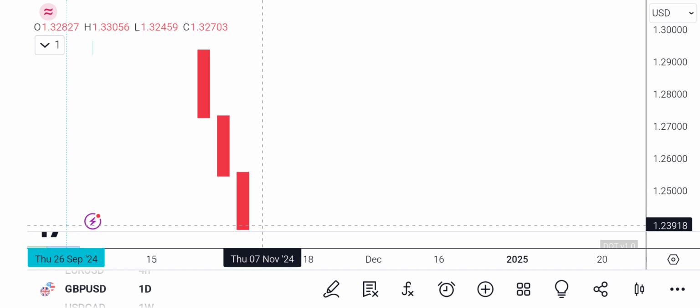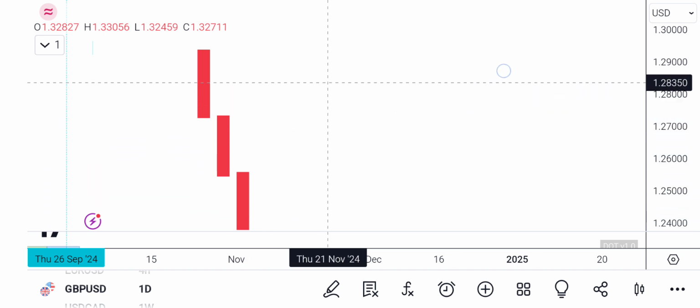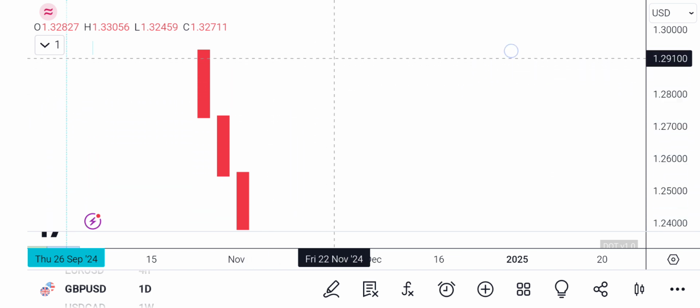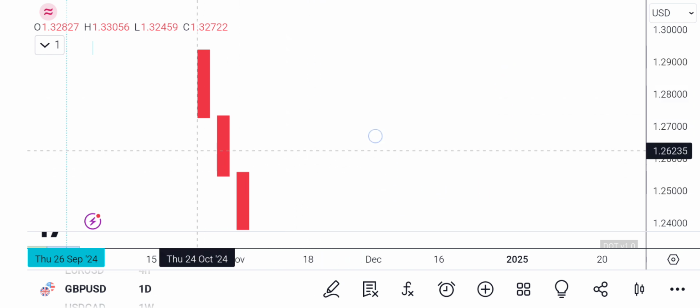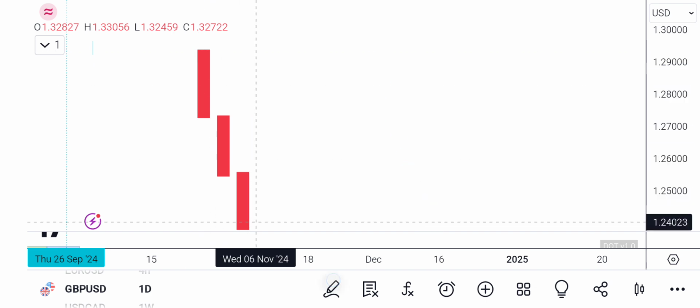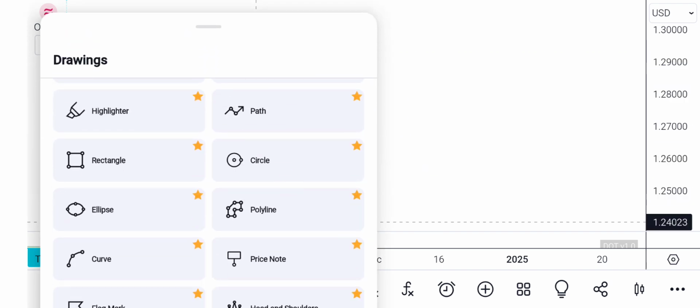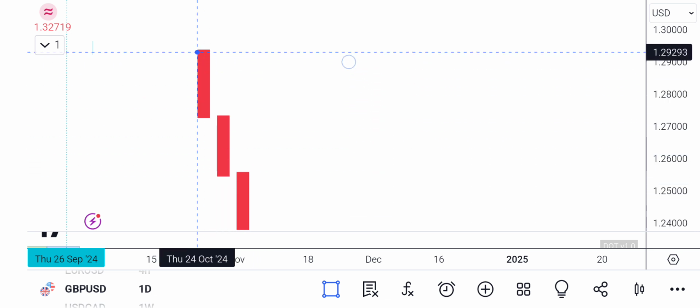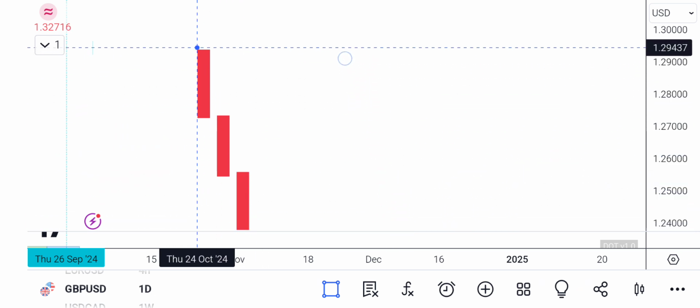If only one-sided price delivery has been offered, IPDA, the interbank price delivery algorithm, is going to offer the opposing liquidity to be able to balance the one-sided price delivery that has been offered in the market. Hopefully you understand this. Now, in future, you are going to see it offer what? Buy-side price delivery to be able to balance with this sell-side price delivery that has occurred in the market.